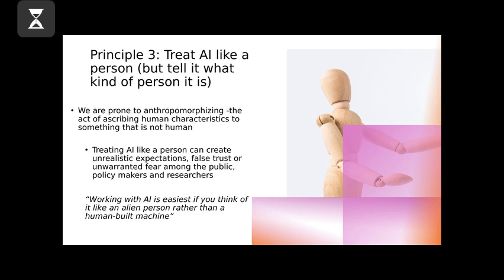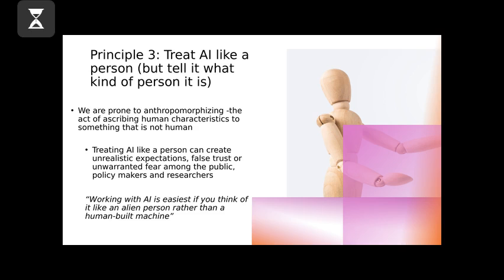And if we mindlessly trust AI, we are ignoring the fact that it's not a human. It doesn't understand the human experience completely. So we're losing our autonomy, and it can actually also create this fear among the public, policymakers, and researchers that AI is going to take over, right?